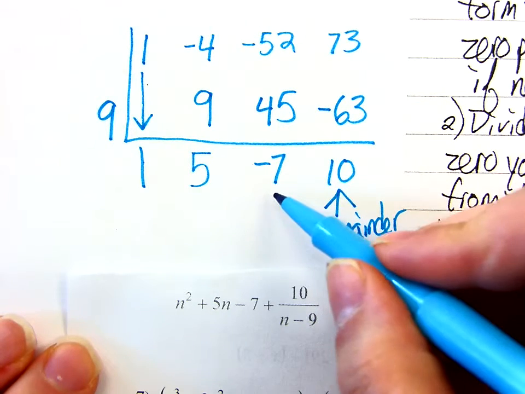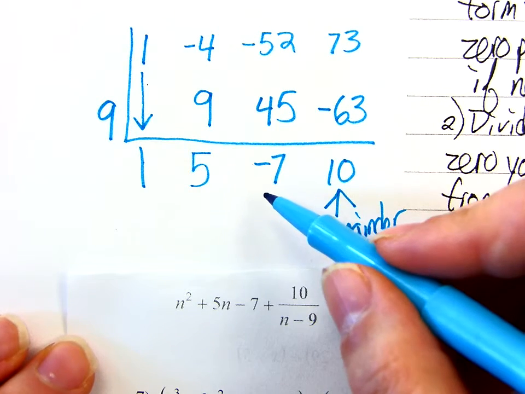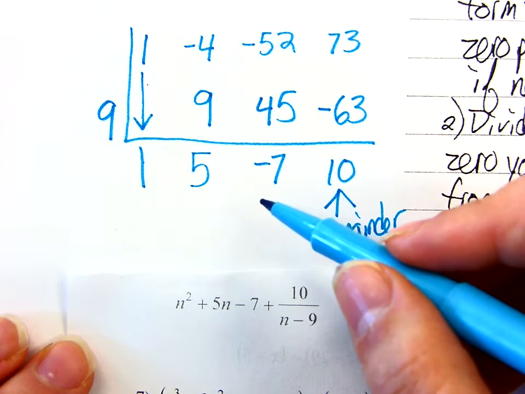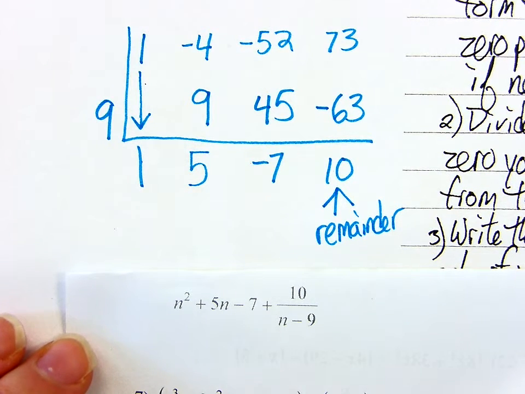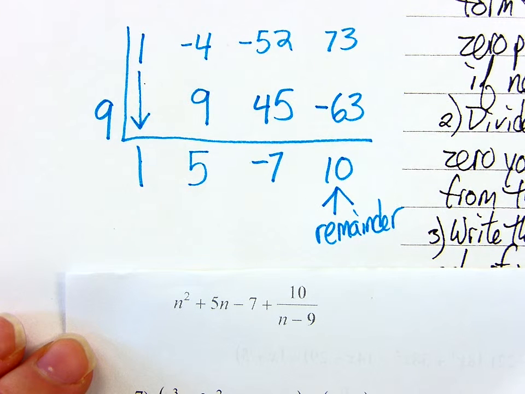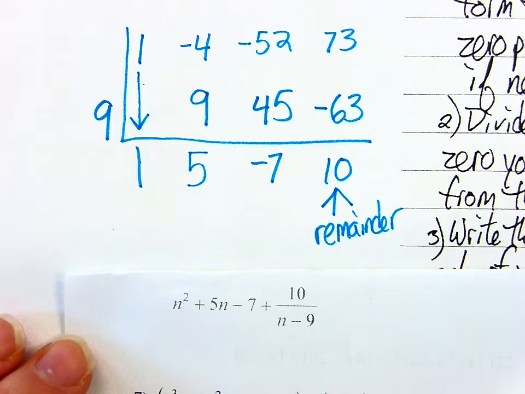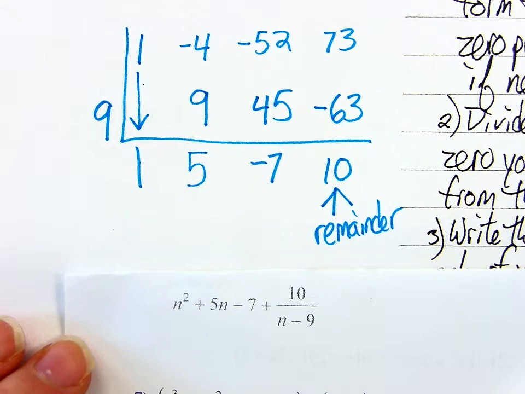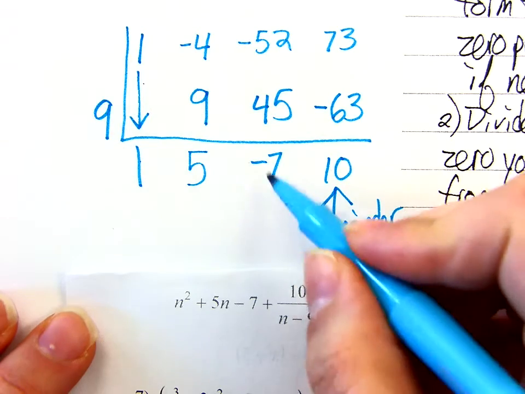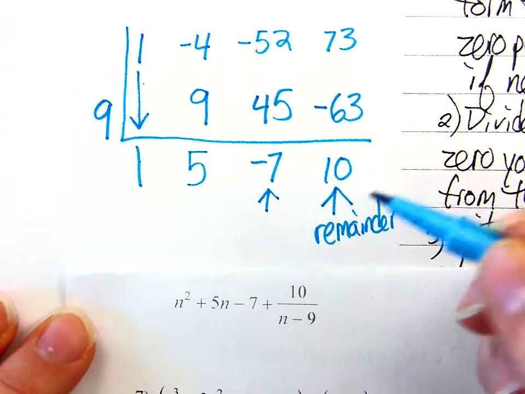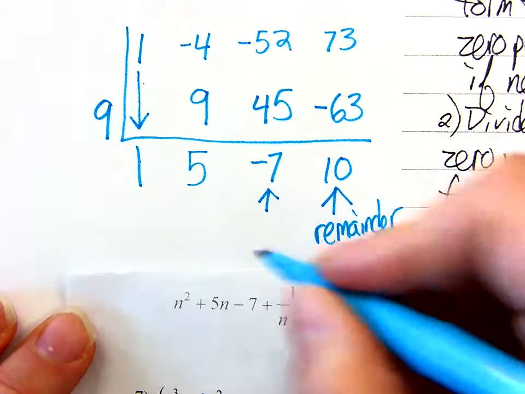The next number over, this is the coefficient of the x to the 0 power, which really means it's the number all by itself, because what is x to the 0? Someone said it. 1, yes, correct. x to the 0 is 1. So that's why this number appears to be all by itself, but it's really the coefficient of the x to the 0 power.